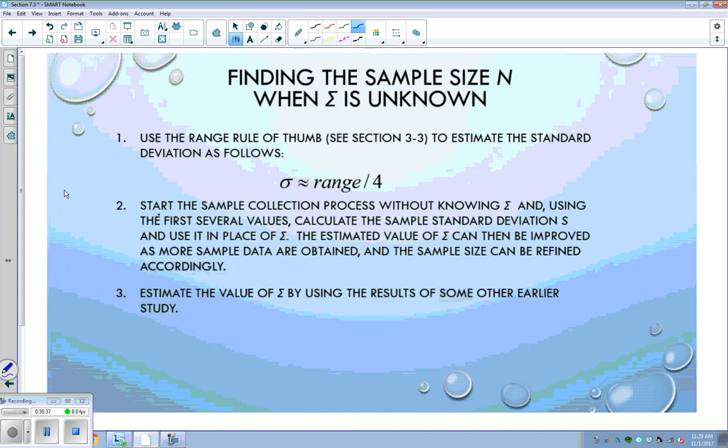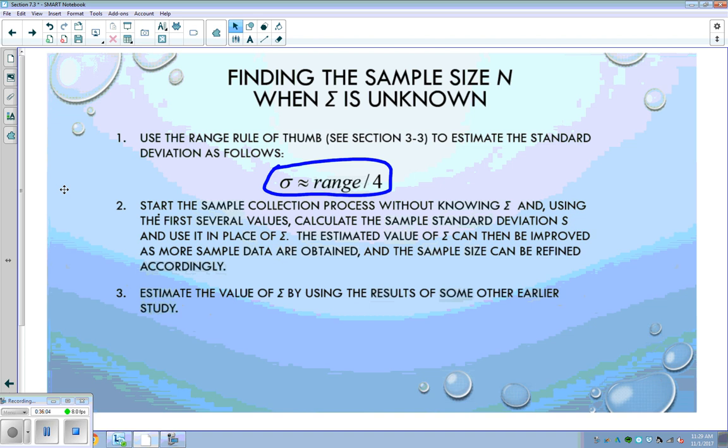And that's this formula here. I'm going to take the range. Remember what range is? The difference between the highest number and the lowest number. And I'm going to take that range, divide by 4, and we're going to use that as our estimate of the standard deviation so that I can pump through this formula to find out a sample size.